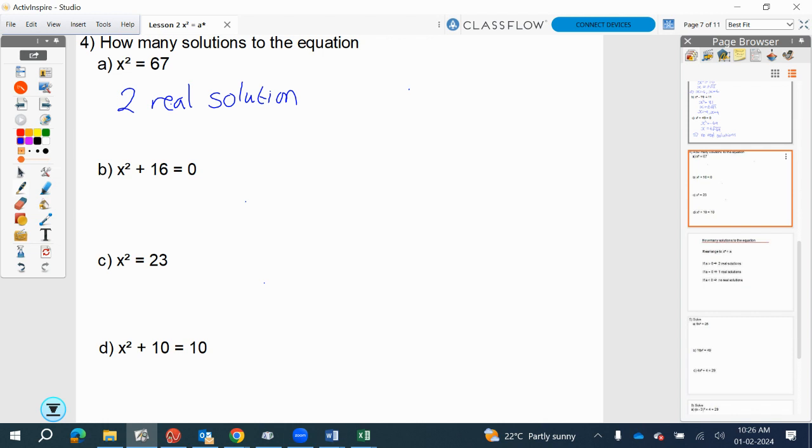No, it's going to have 2 roots. You can have it as a number and as a surd.